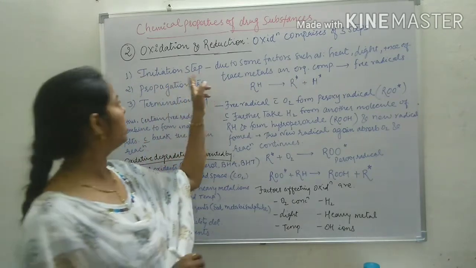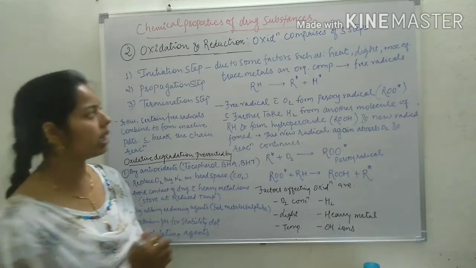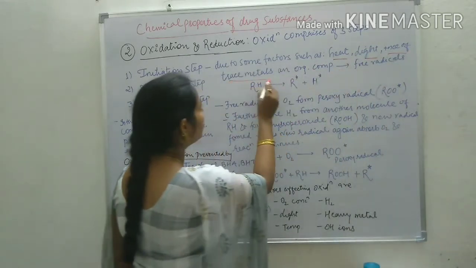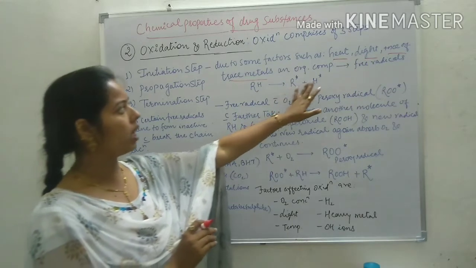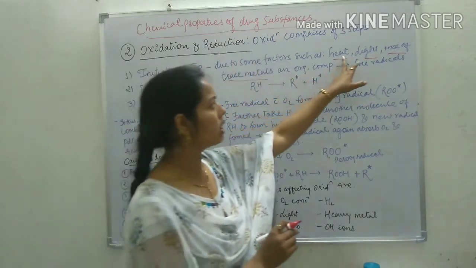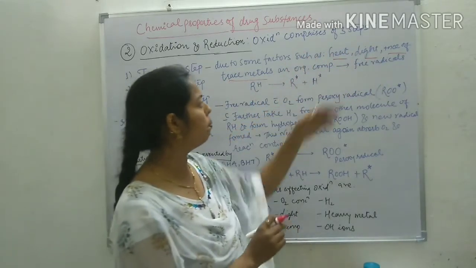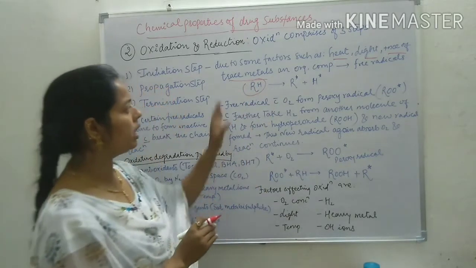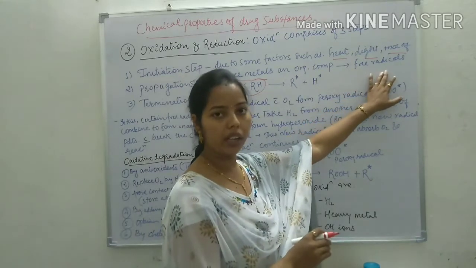So in this step, due to factors such as heat, light, and the presence of traces of metals, the organic compound is converted into free radicals.